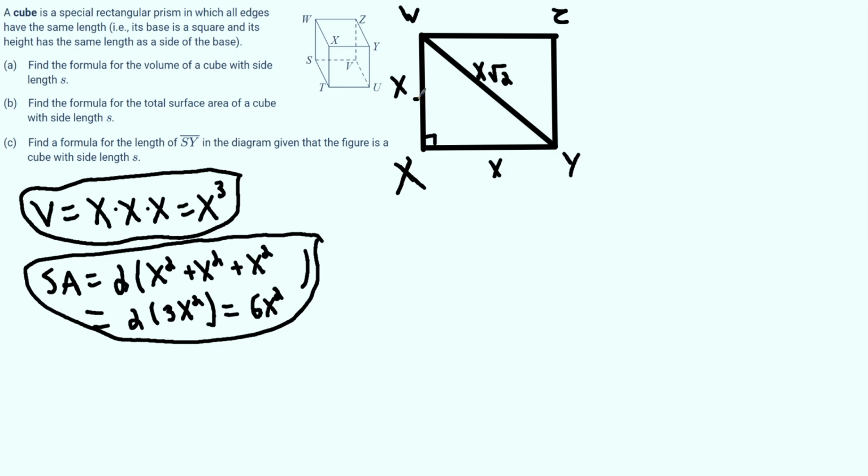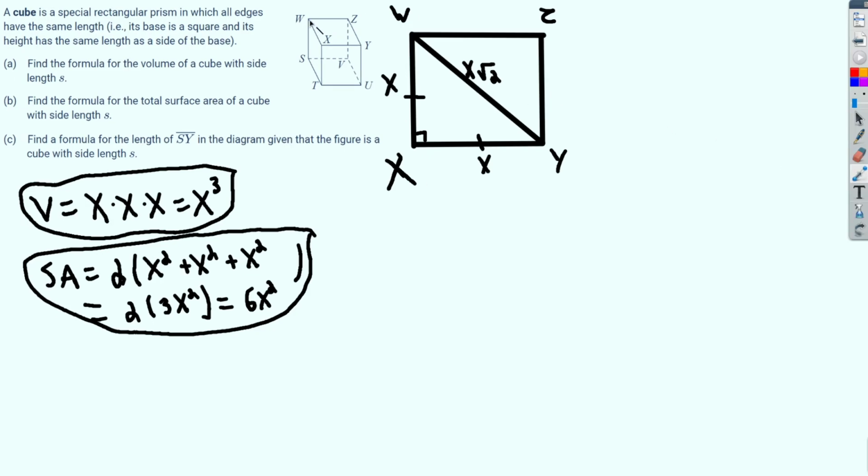We can also note that since it's isosceles and it's a right triangle, it's a 45, 45, 90 triangle, and we would get the same ratio. So from there, since I know what WY is, now let me try to find SY.